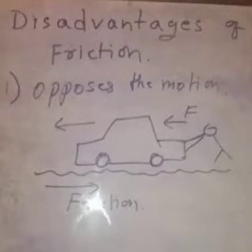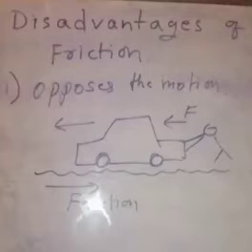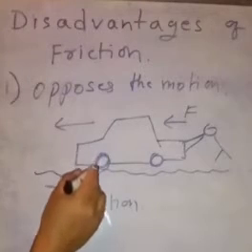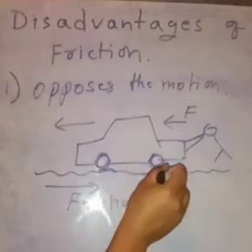Number two, friction causes wear and tear in the moving parts. Inside the car there are very many moving parts, and if you look closely at the tire, the tire touches the ground or the road.